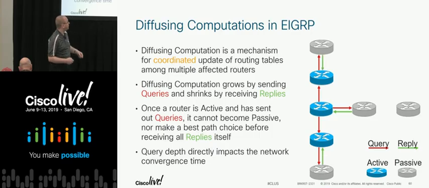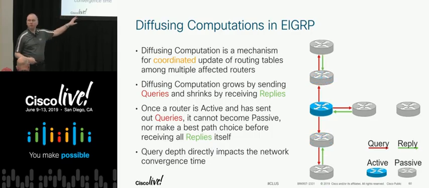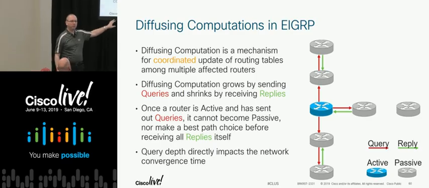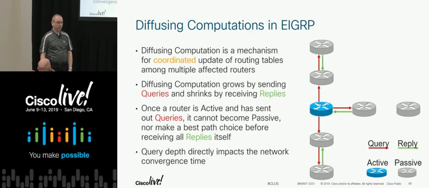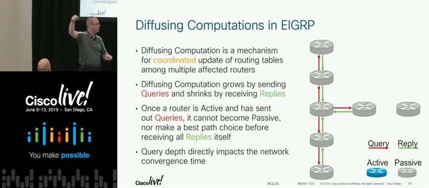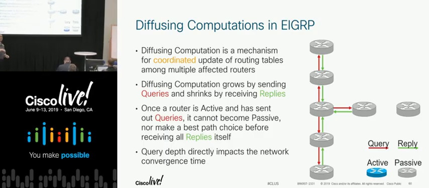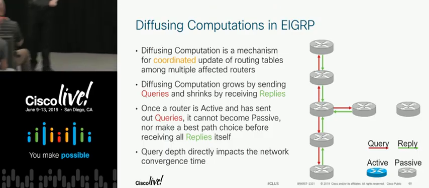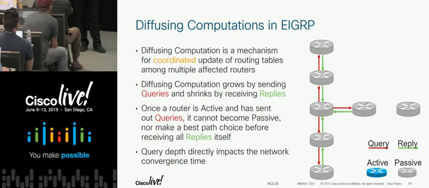But notice that till the router in the middle gets all the responses, it cannot make the final choice itself. So it means that a single router is dependent on the whole chain of routers waiting for each other to get all their replies, not just one, all, before you can start sending your own replies.